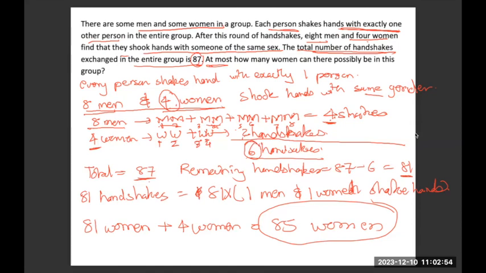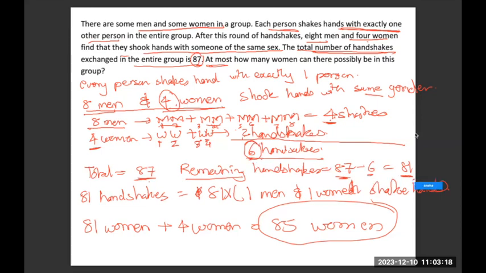So the remaining handshakes are 87 minus 6, which is 81. Is it clear? 87 is the total handshakes of the entire group, minus 6 handshakes of the same gender, we get 81 handshakes. That's why.